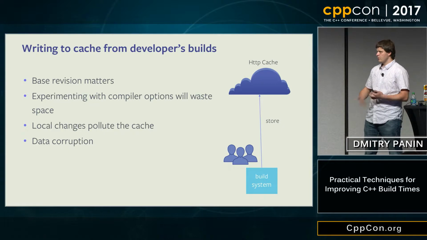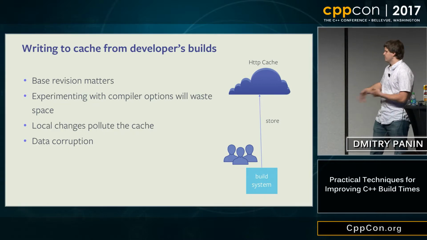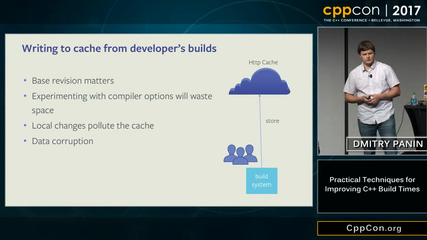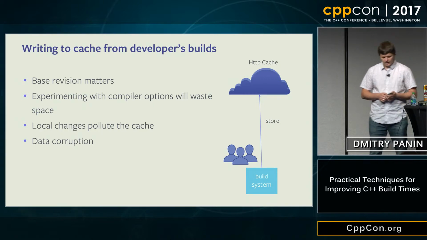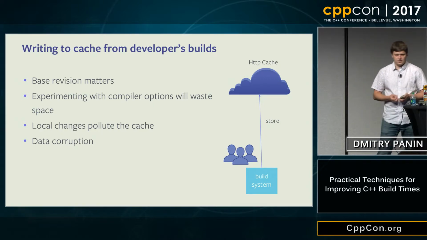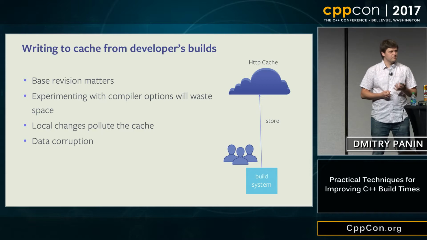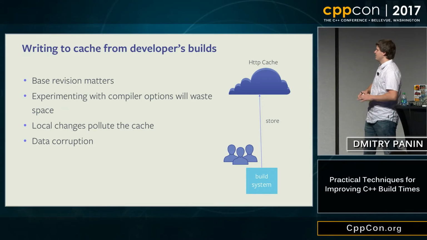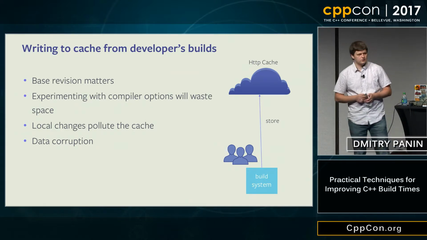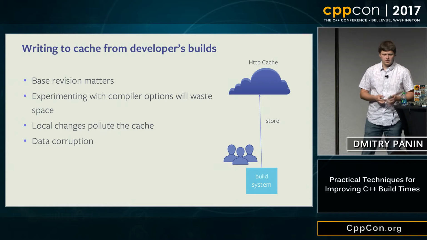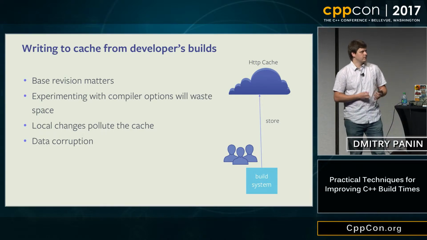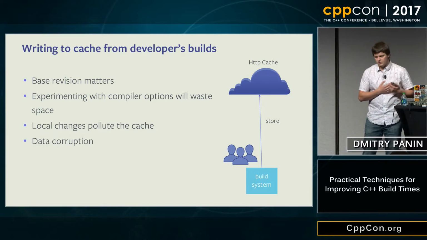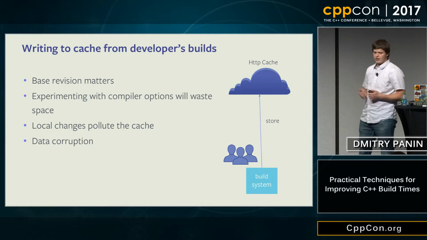So you build and then you populate, instead of just setting up some continuous integration, whatever. And it turned out that this sometimes doesn't work. So it works, but it actually uses a lot of space in your cache for no reason. If you are experimenting with build options, it will create a separate universe in the cache.